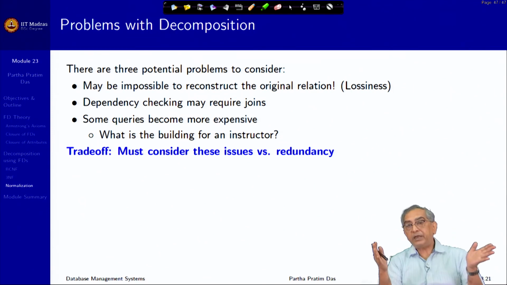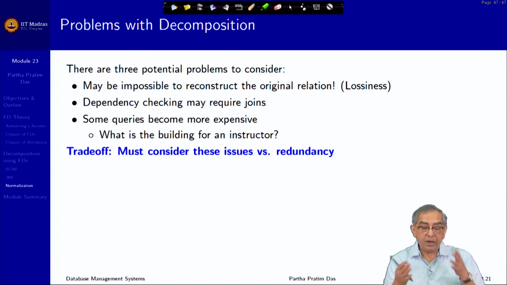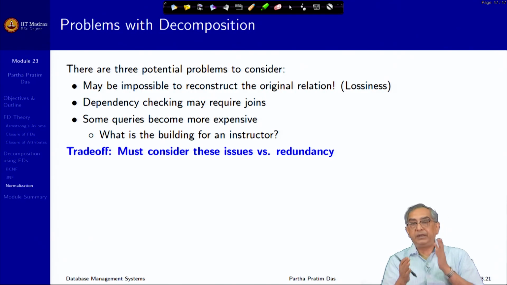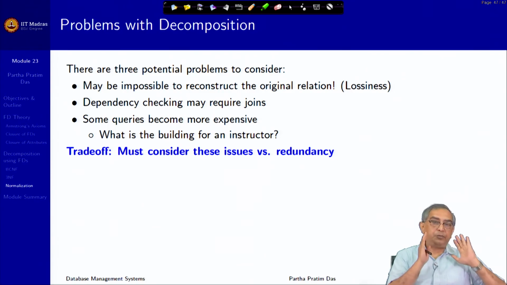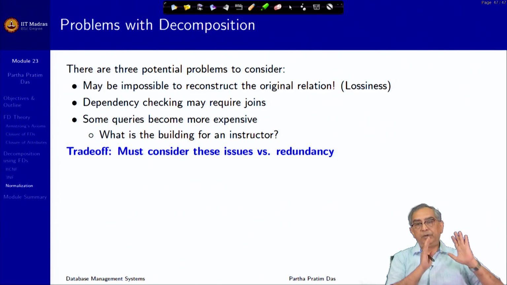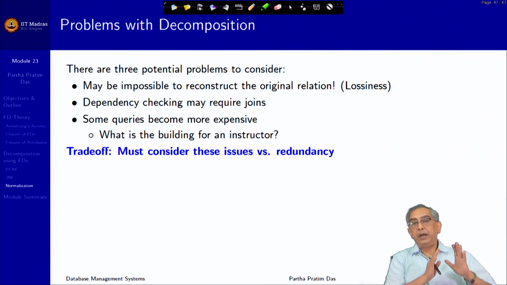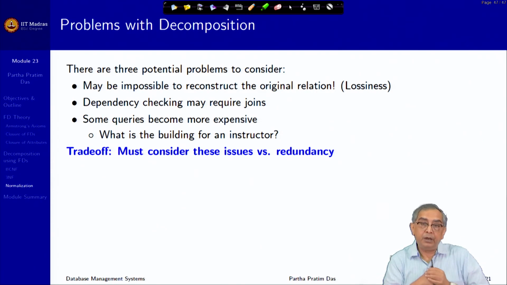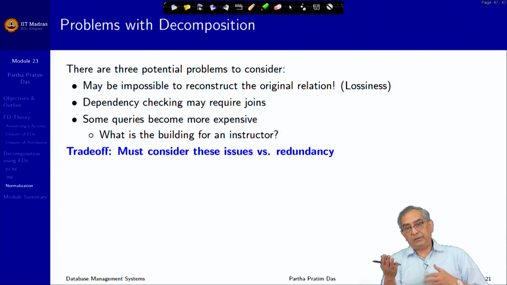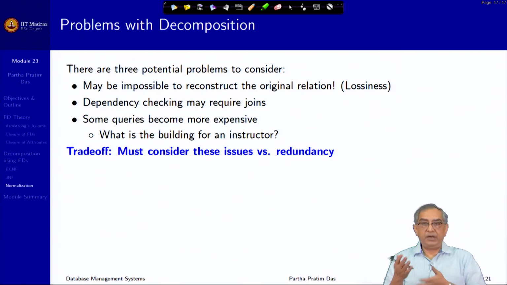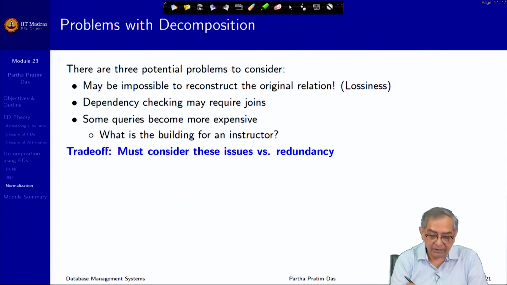It is more expensive than the non-normalized. So, there is always a question of trade-off between these issues. All I am trying to point out is that there is a design goal to decompose and make things good. At the same time, as I said, the goals at times are contradictory. So, we have to make a balance between these issues, and the consequences: if you decompose less, you have more redundancy and anomalies. So, what hurts you more, that we will have to see.